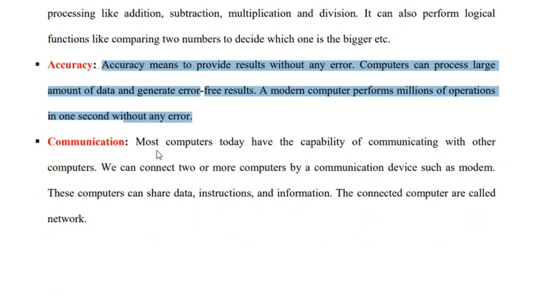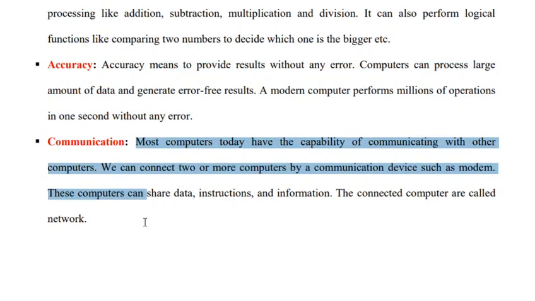Most computers today have the capability of communicating with other computers with the help of computer networks. We can connect two or more computers by communication devices such as modems. These computers can share data, instructions, and information. The connected computers are called networked computers.